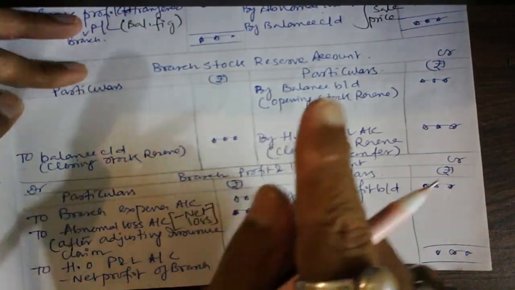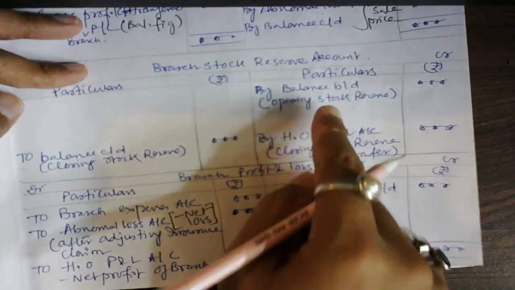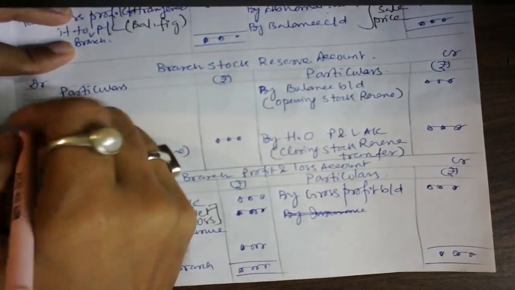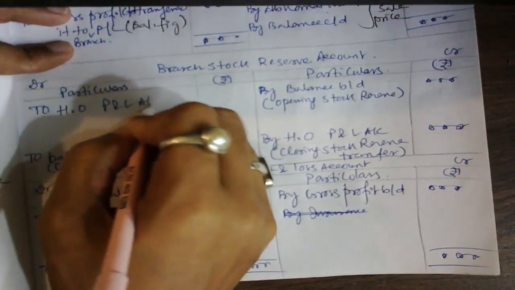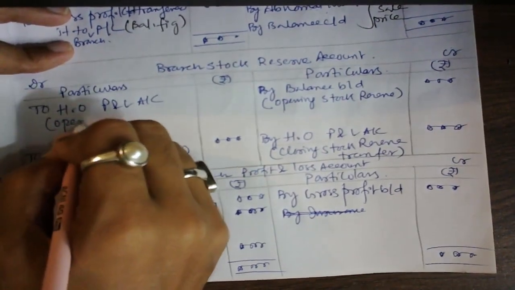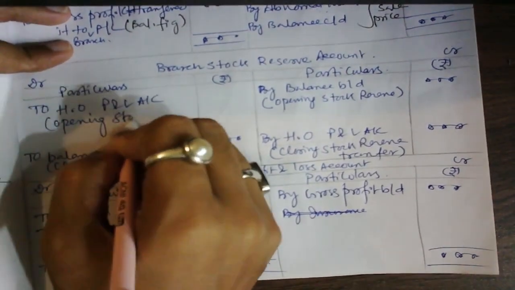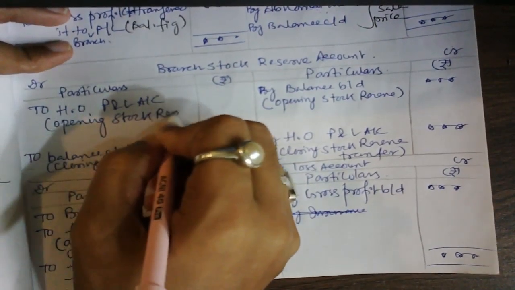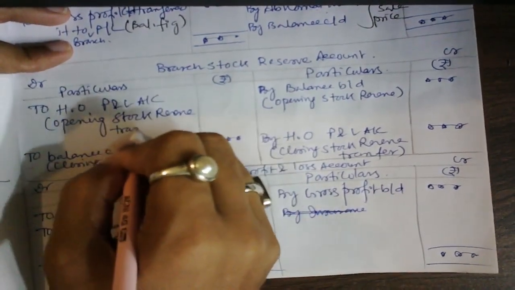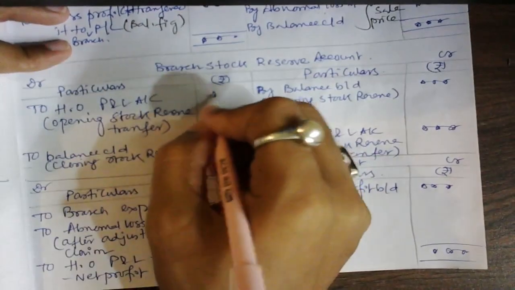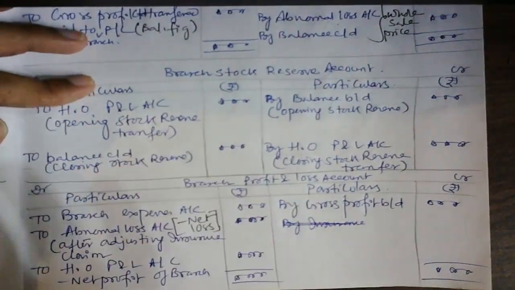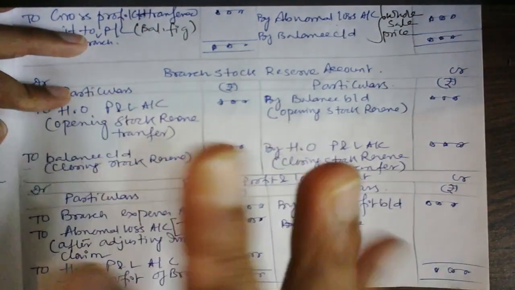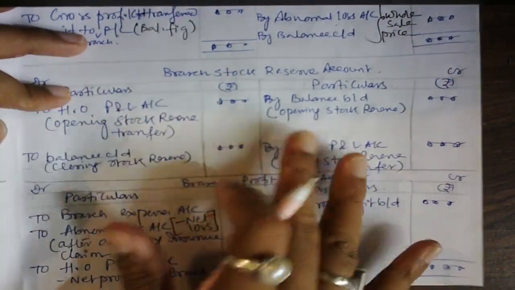In a similar way, the opening balance of the stock reserve has to be transferred to the P&L account again, to the HO profit and loss account. Opening stock reserve transfer. You can transfer opening stock first and then closing stock, or the other way round, that's not a matter.